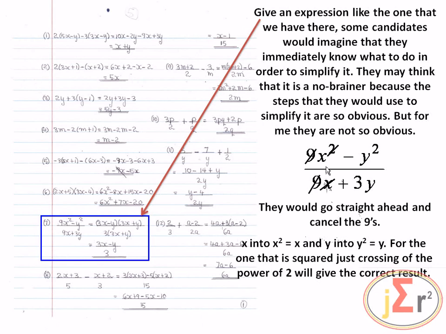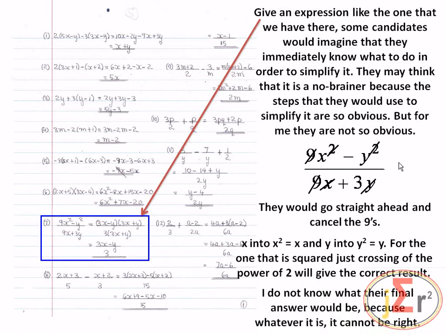X into x squared is x, so they just cancel the square here. And they also do the same there. And the result is as desired. But I do not know what their final answer would be, because whatever it is, it cannot be right.